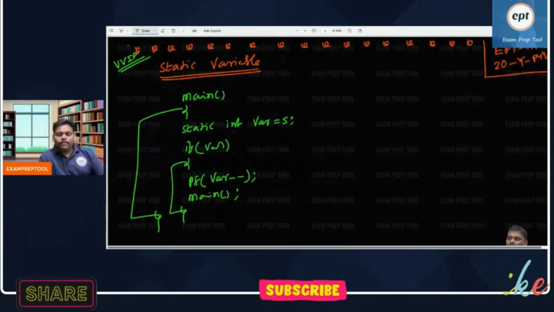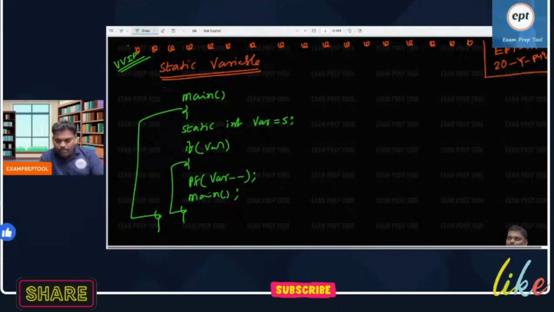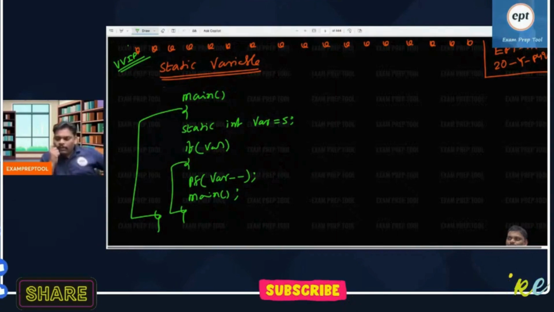Everyone, listen. Ashwini said 5, 4, 3, 2, 1. Johan said infinite loop. Gayatri said infinite loop. Shakir said infinite 5.